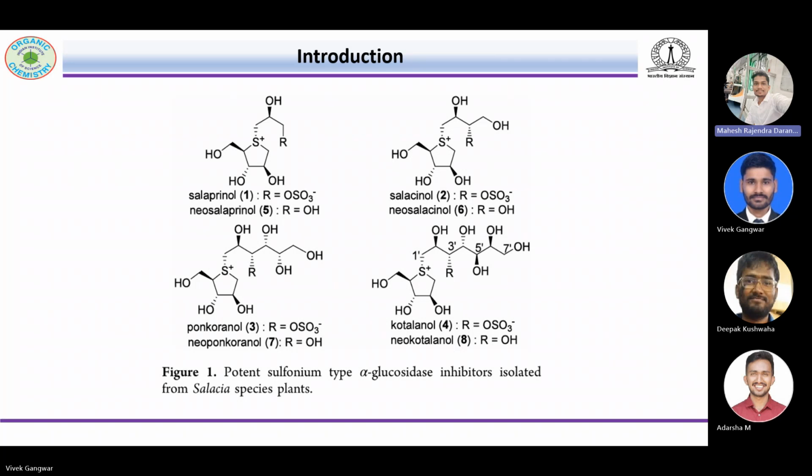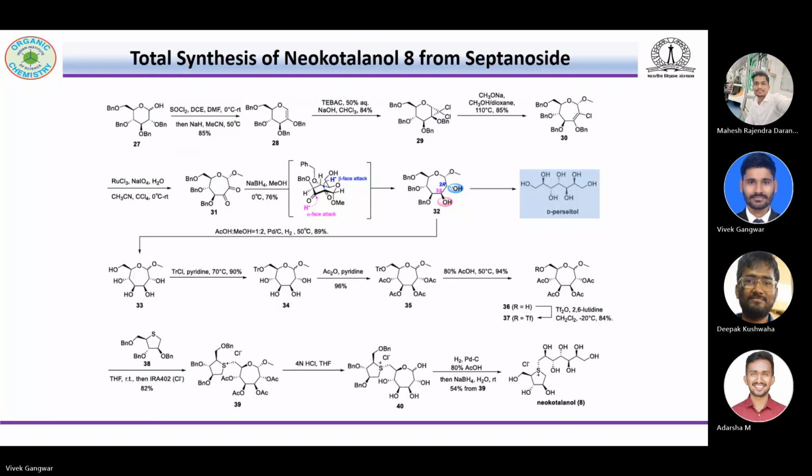And another thing is that for 39 to 40, there is that reaction with normal HCl. They are deacetylating everything. Generally, we use acetyl chloride for acidic deacetylation. For acetylation we use pyridine and acetic anhydride, and during workup we use 10% HCl.